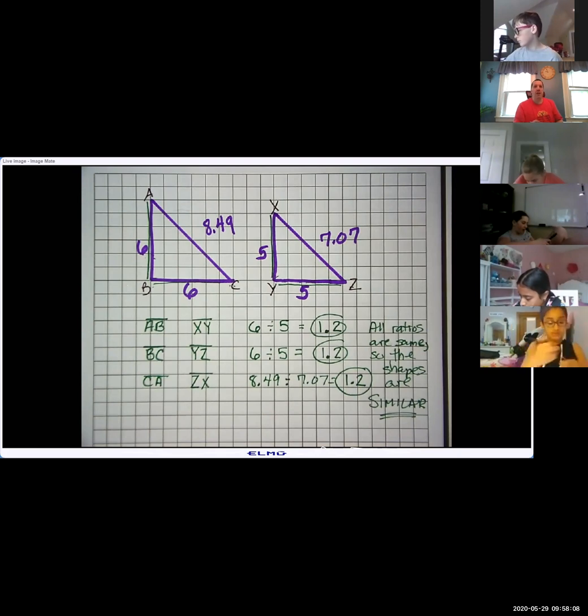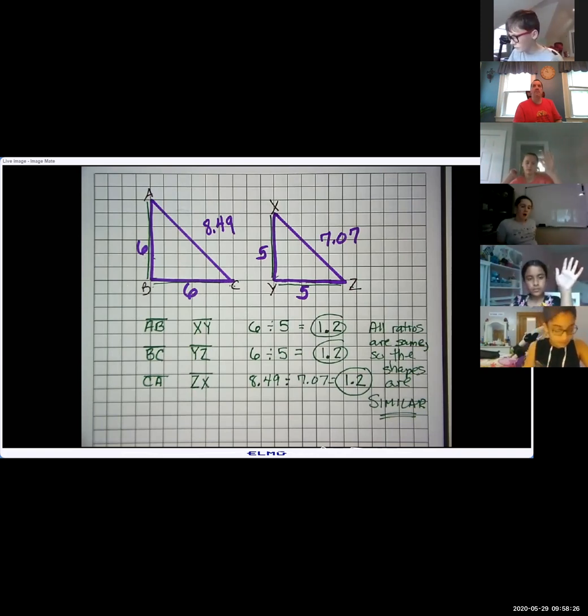In order for shapes to be similar, all of their sides need to have the same what? It rhymes with "patio." Ratio.